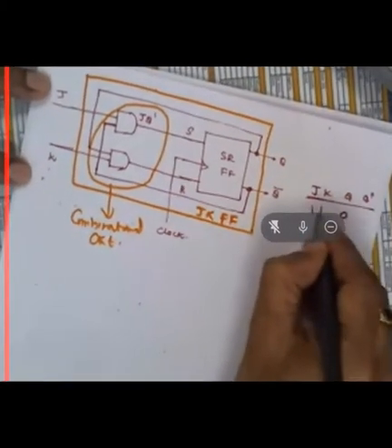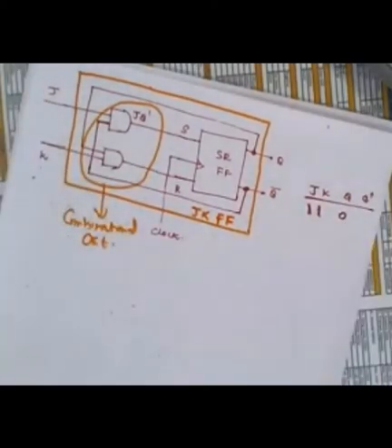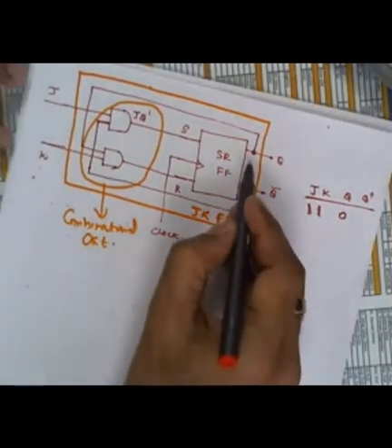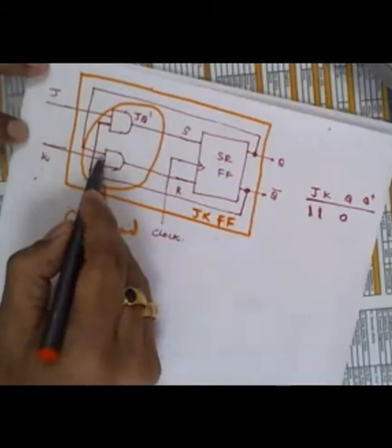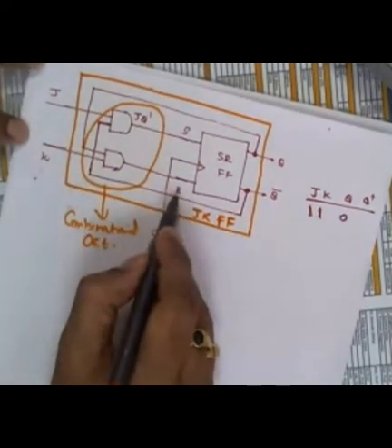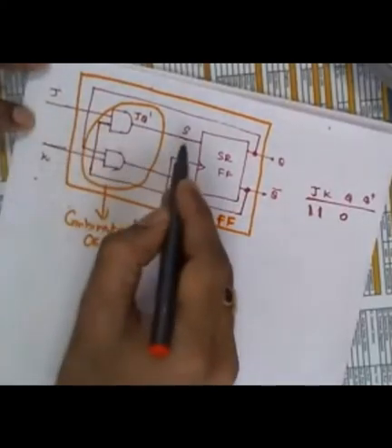If Q is 0, then this will be 0. Therefore, this will be 0. At that time Q bar will be 1 here, J is 1, so S will be 1 now.